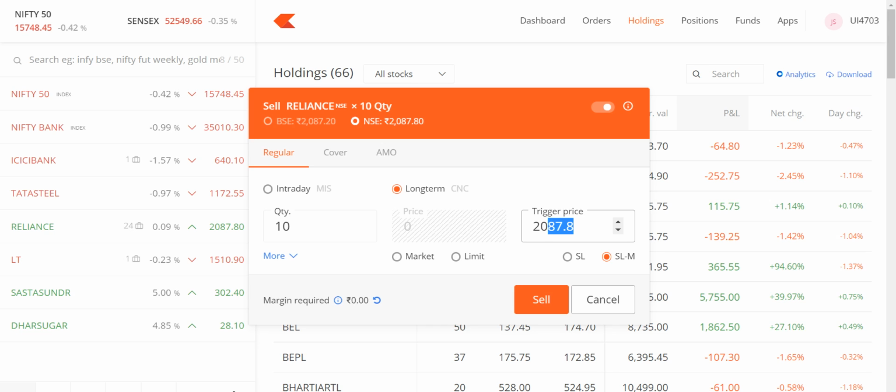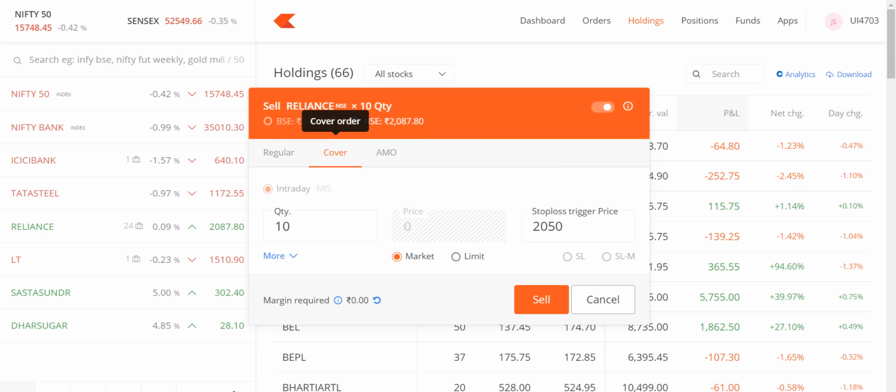Whenever it comes to that price, it automatically gets squared off from your account. Like 2087.8 is the current price, and whenever it comes to 2050, it will get squared off from your account, it gets sold out. So this is the stop loss. Okay, so this is the regular order.